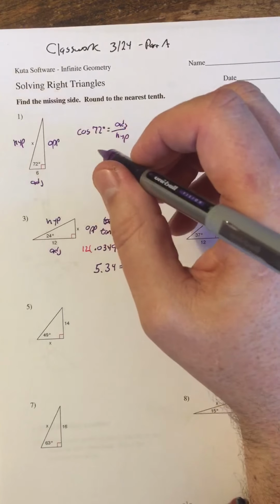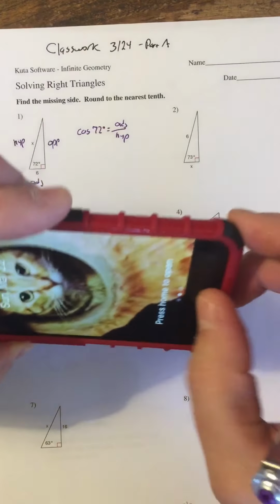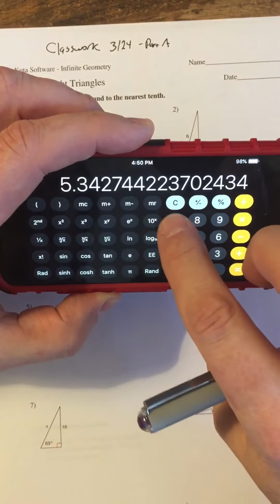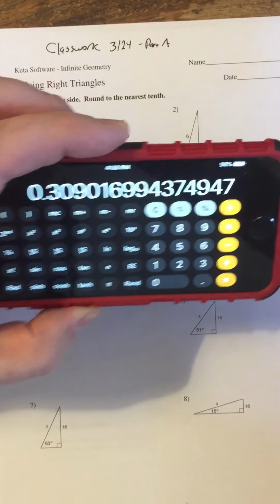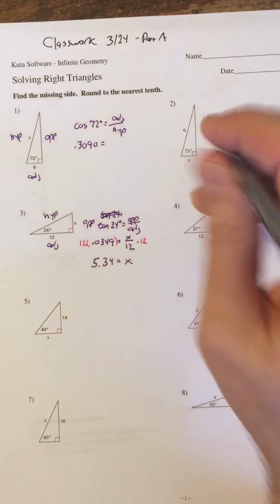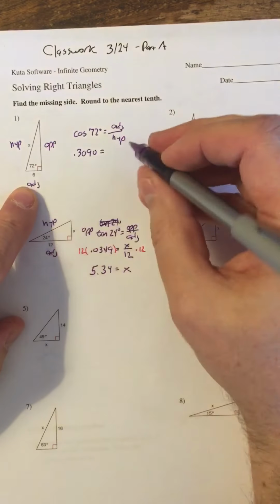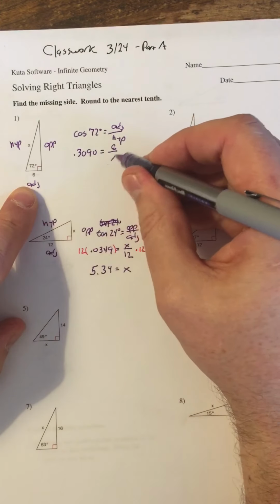So I'll go ahead and do that on my calculator, the cosine of 72 degrees. 72, and I hit cosine, and I get 0.3090, and that equals my adjacent side, which is 6, over my hypotenuse, which is x.